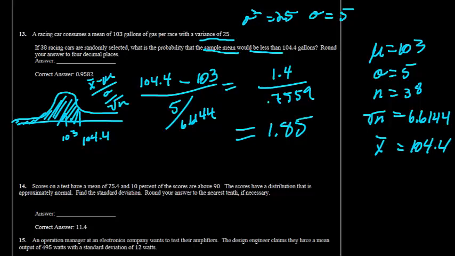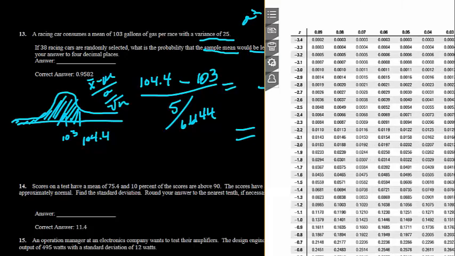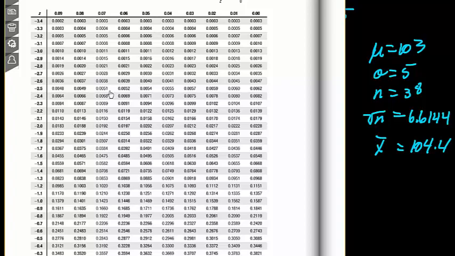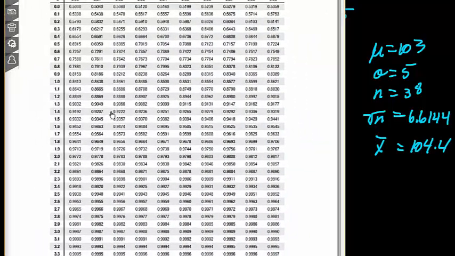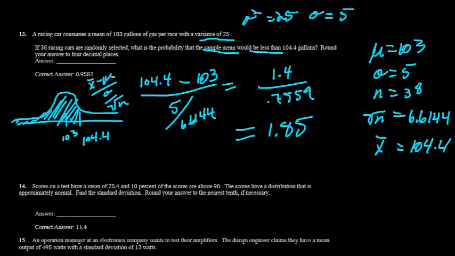So again to the table. A little further to the right than I thought it was going to be, but let's get there. 1.85. 1.8, then 0, 1, 2, 3, 4, 5. 0.9678. And our answer up here is 0.9582.